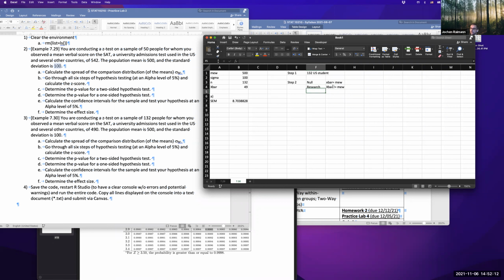Research our alternative hypothesis. Step 3, we're defining an alpha of 5%. Step 3a, we can do again a little bit of a tabular kind of format. Research hypothesis, set p proportion, p percentage, same thing, just multiplied by 100.